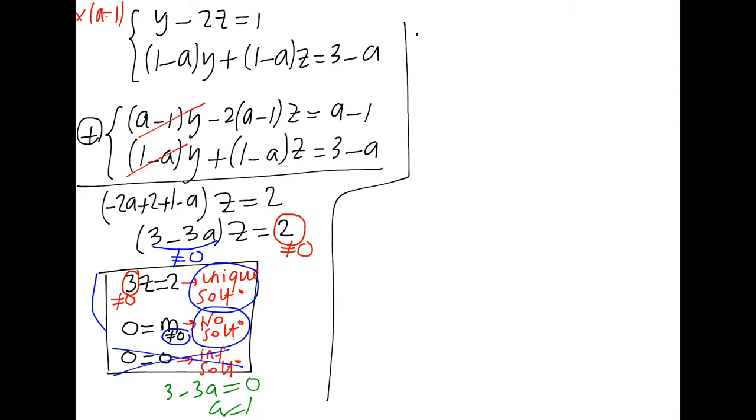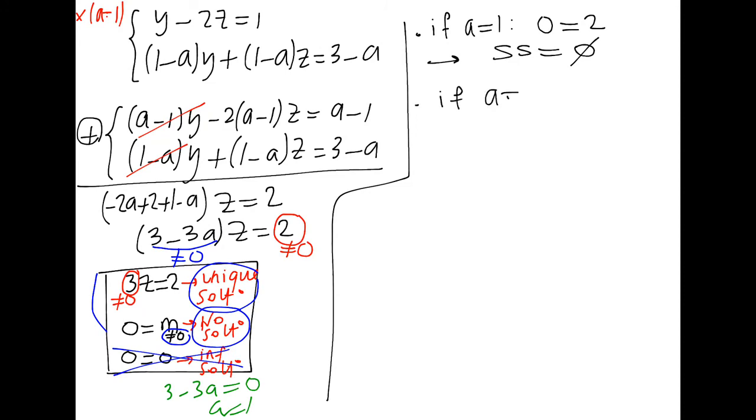So these are my cases. For case 1, if a is equal to 1, in that case, the equation is reduced to 0 equals to 2, then the system wouldn't have any solution.